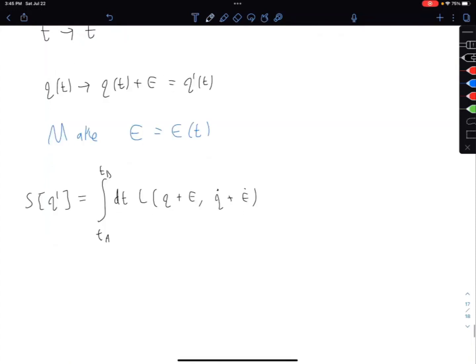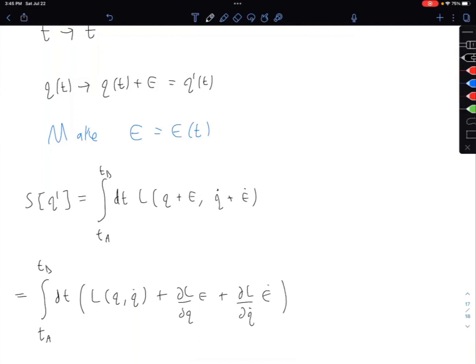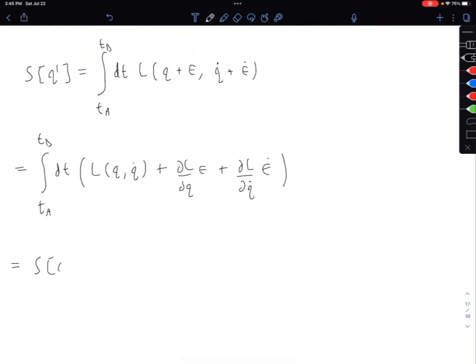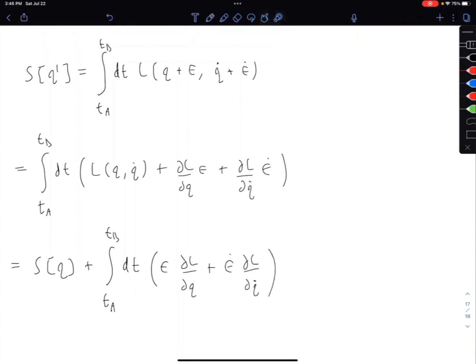Okay. So now, let's expand. And you might be concerned because, you told me that when I have a symmetry, I will only have a term proportional to ε̇. So what is this thing doing here?